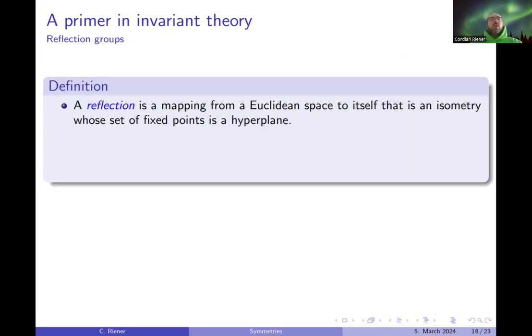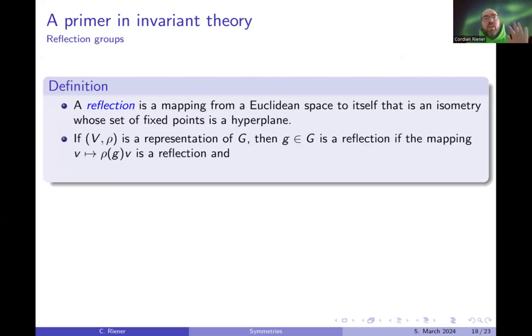Okay, so let me just close a little bit. This makes it interesting to what extent these things that we have seen about the symmetric group are more generally applicable. And there's a very nice selection of groups that share a property, so-called reflection groups. A reflection group, just very briefly, is a group, or actually it's not the group, but it's the representation of the group that is generated by reflections.